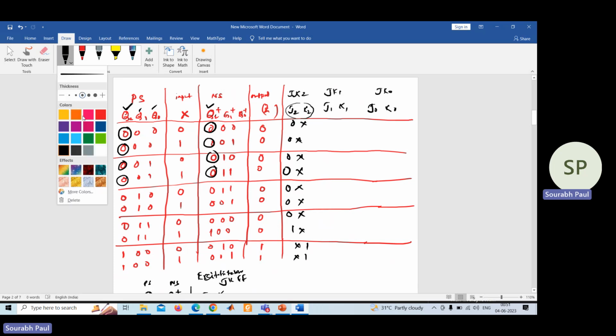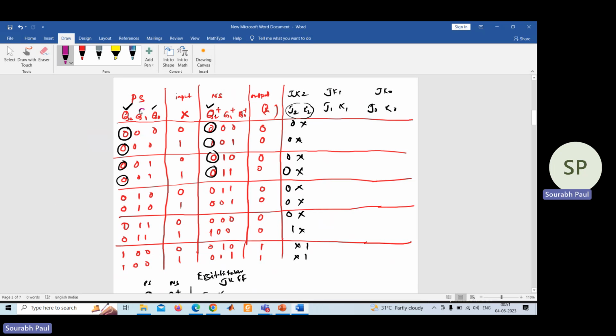Now follow the same procedure for the next bit, that is Q1 and Q1 plus. So now we are considering flip-flop number 1, and you need to find the values of J1 and K1. 0, 0 means 0x, then 0, 0, 0x, 0, 1, 1x. So likewise, write down all the values.